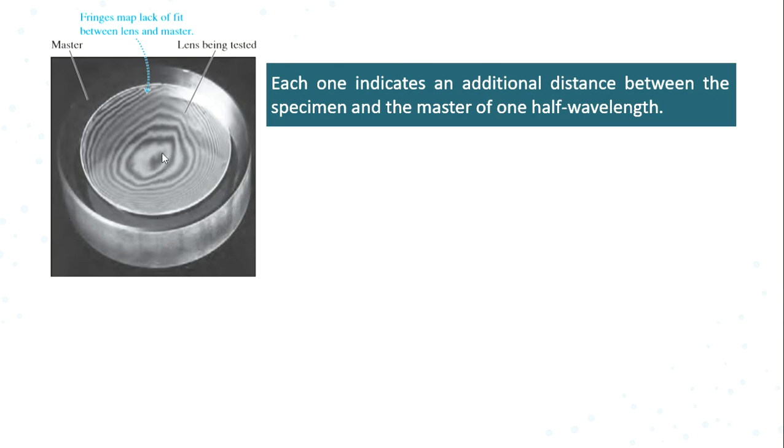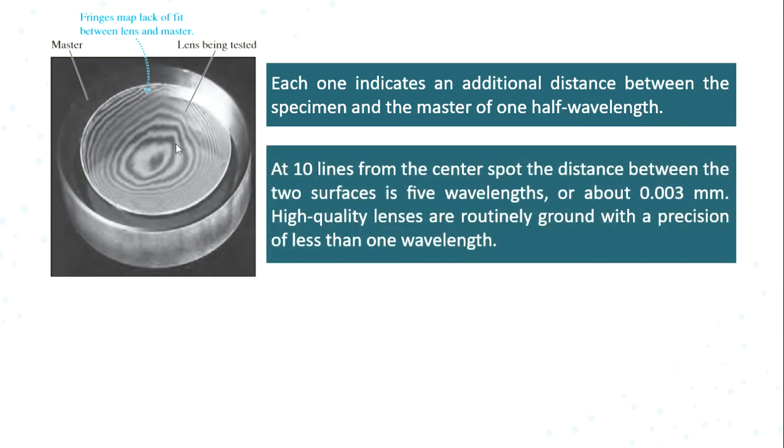So each fringe here indicates a distance of 1/2 wavelength between the specimen and the master. At 10 lines from the center spot, the distance between the two surfaces is 5 wavelengths, or about 0.003 millimeters.